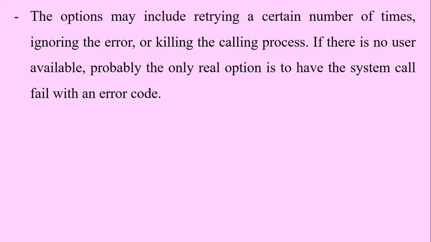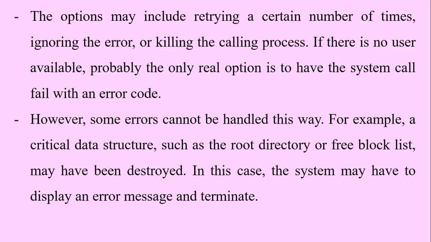If there is no user available, probably the only real option could be to have the system call fail with an error code. However, some errors cannot be handled this way. For example, a critical data structure such as the root directory or free block list may have been destroyed. In this case, the system may have to display an error message and then terminate.